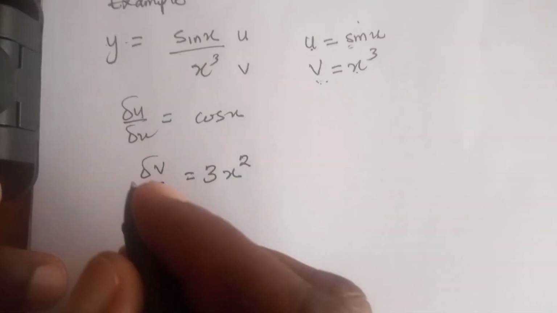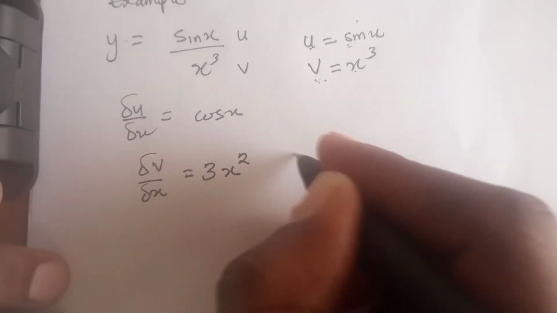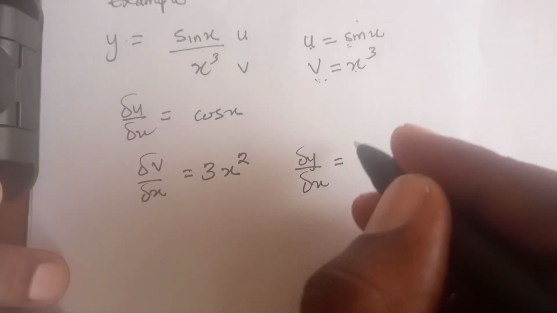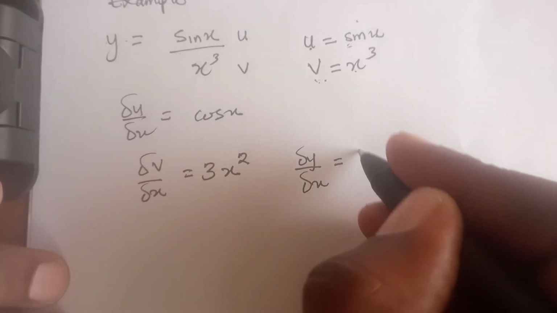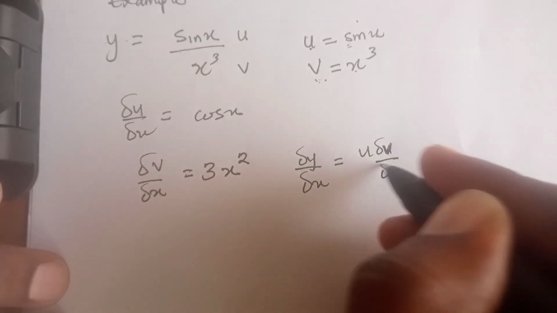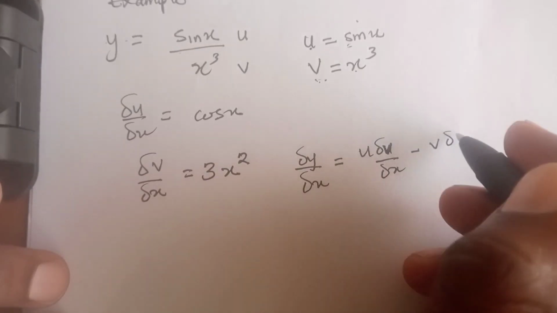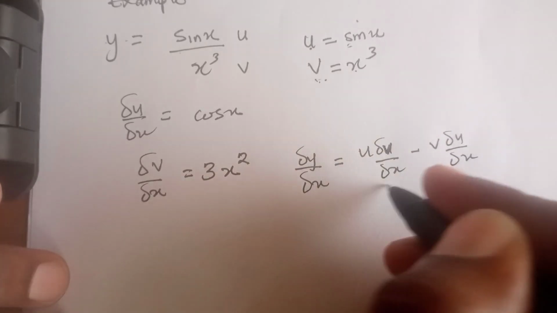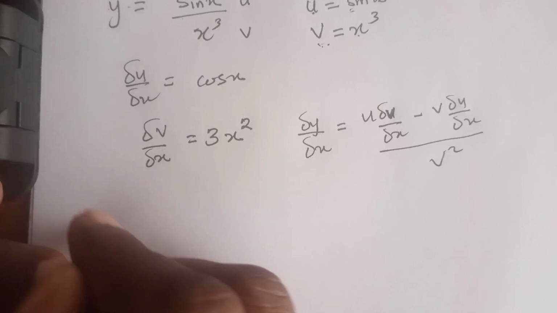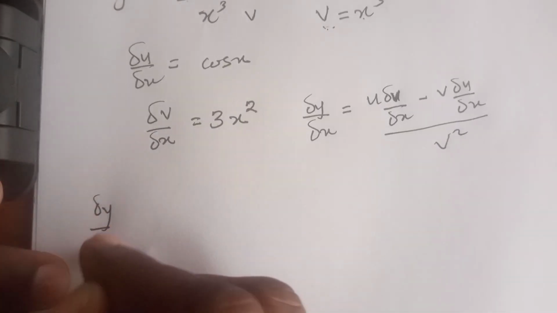So now that we have that, let's write the formula back so as to substitute them inside. dy dx is v... I mean u dv over dx minus v du over dx over v squared. All right. So now we'll just substitute the values inside.